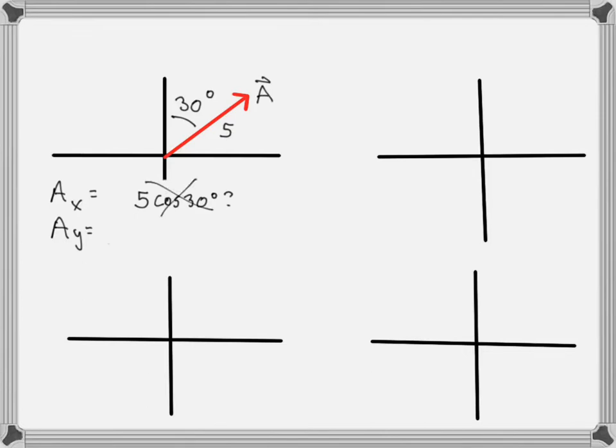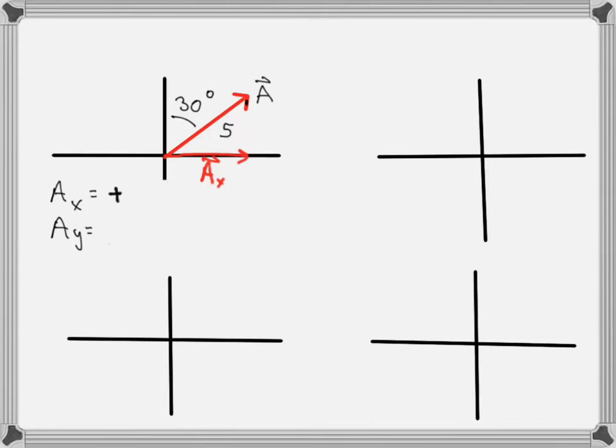Well, that is actually incorrect. Start by drawing the x component vector to see that this is not going to be true. That is not going to be correct to use the cosine of 30 degrees. So the AX component vector looks like that.